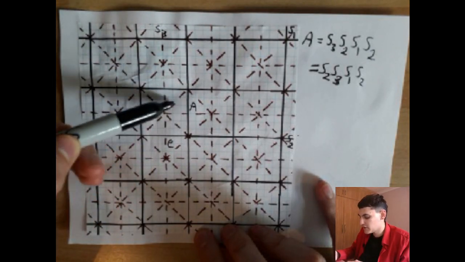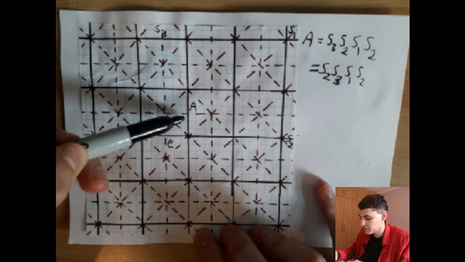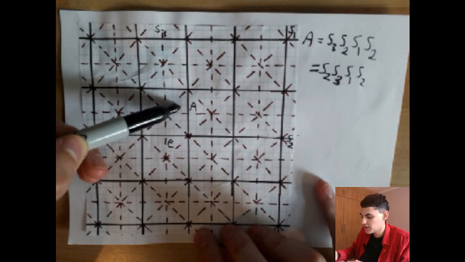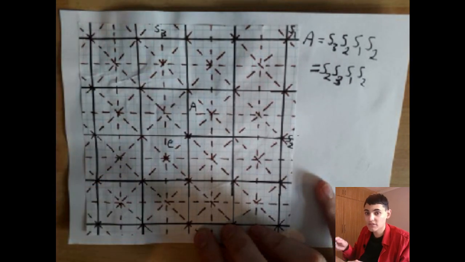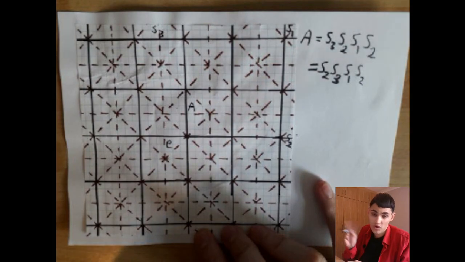If you're in this chamber and you want to get to A, you can either do this reflection and then this one, or you can go up first and then to the right. Each of those is equivalent to doing S3 and S2 or S2 and S3 in whatever order.